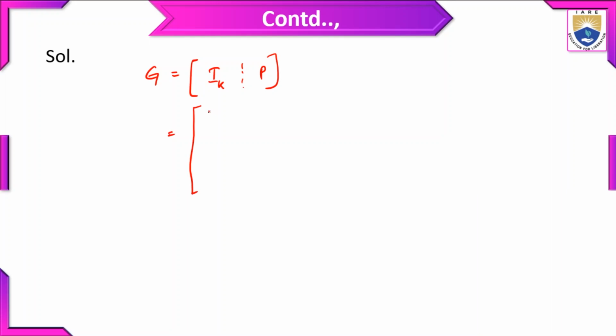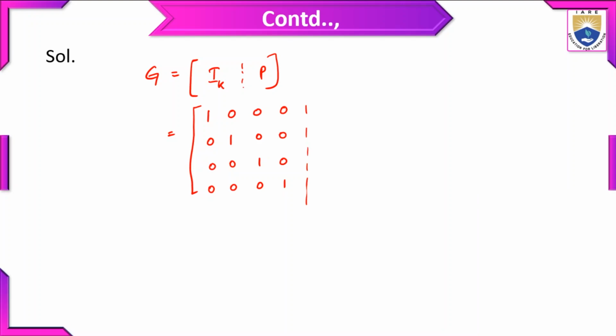So 1 0 0 0, 0 1 0 0, 0 0 1 0, 0 0 0 1. This is my identity matrix. So this identity is augmented with the coefficient matrix.